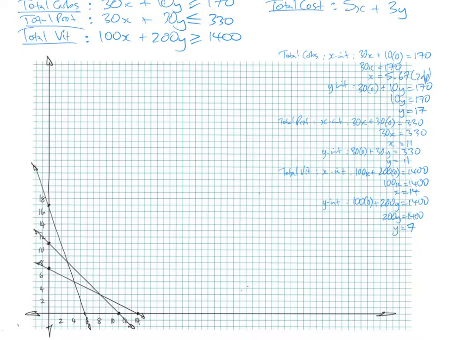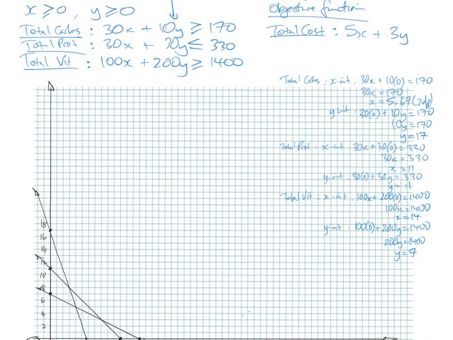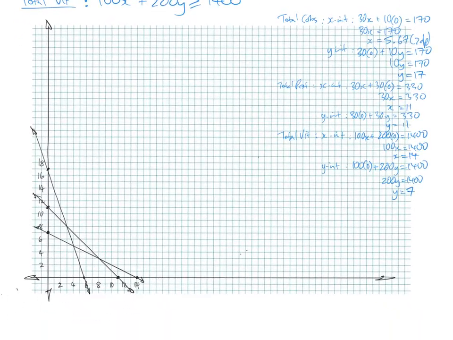And the total carbs was greater than 170, so it's greater than that line. So our feasible region is this area in here. All of the dots in that feasible region on the edges are feasible solutions.